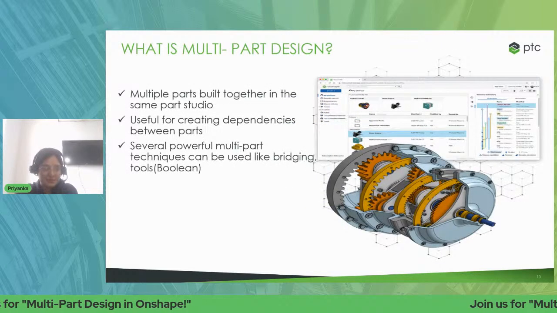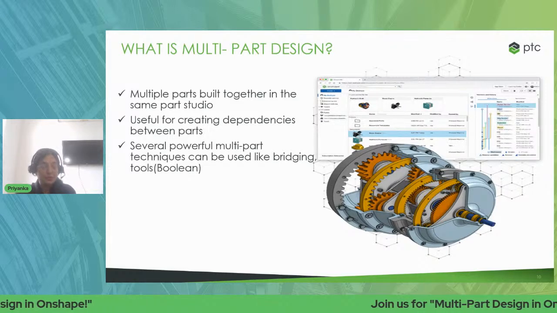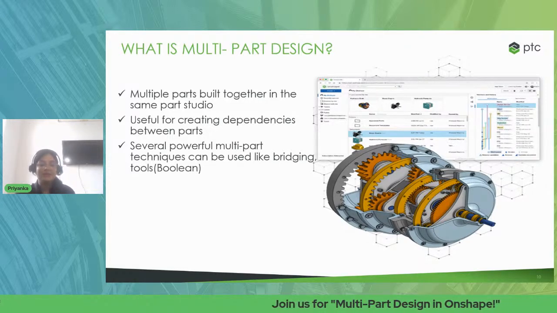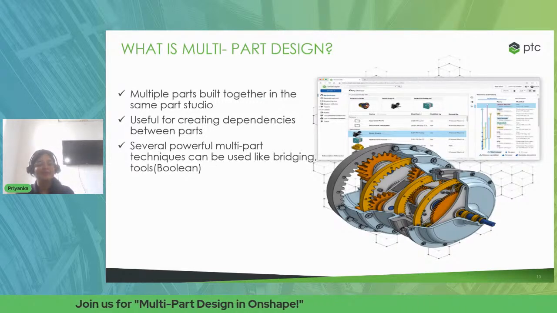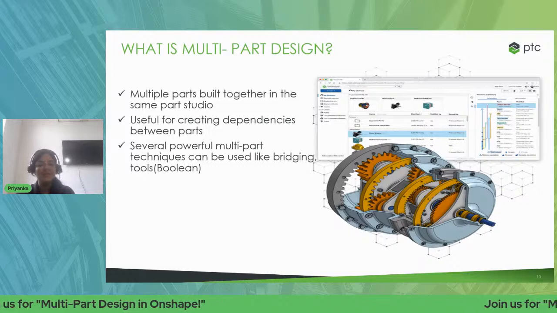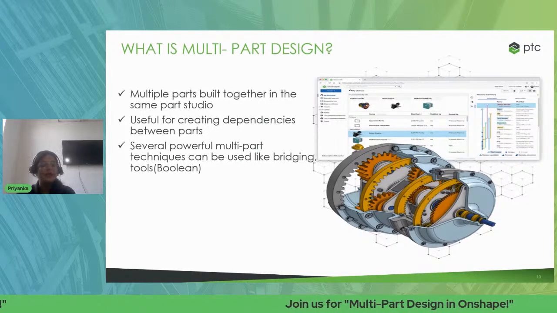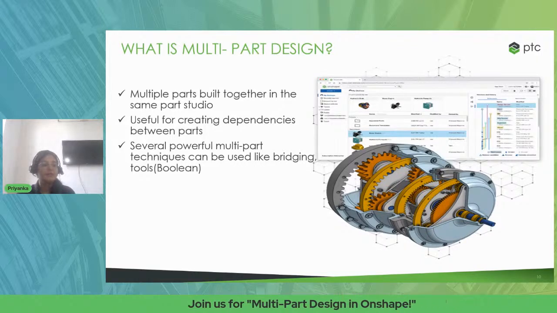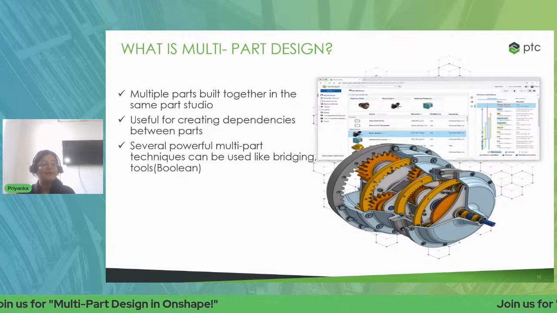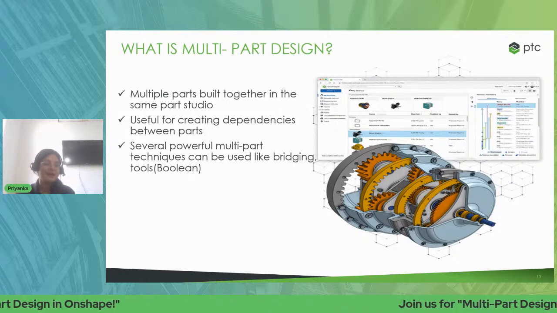For new users of Onshape, it's multi-part modeling. You're building multiple parts in one part studio environment, and it's quite useful for a number of different situations, like if you're creating dependencies between parts, or you want better design intent.